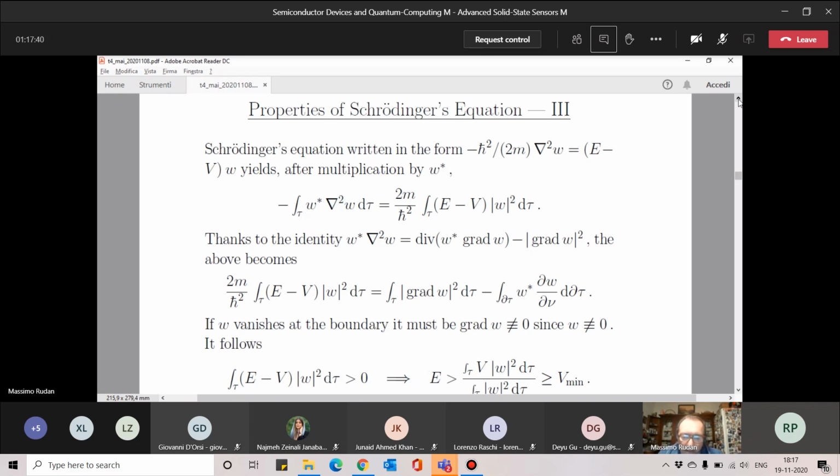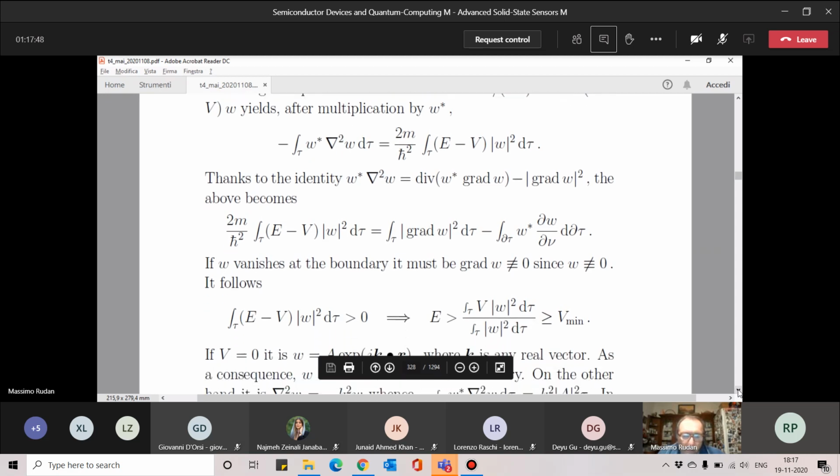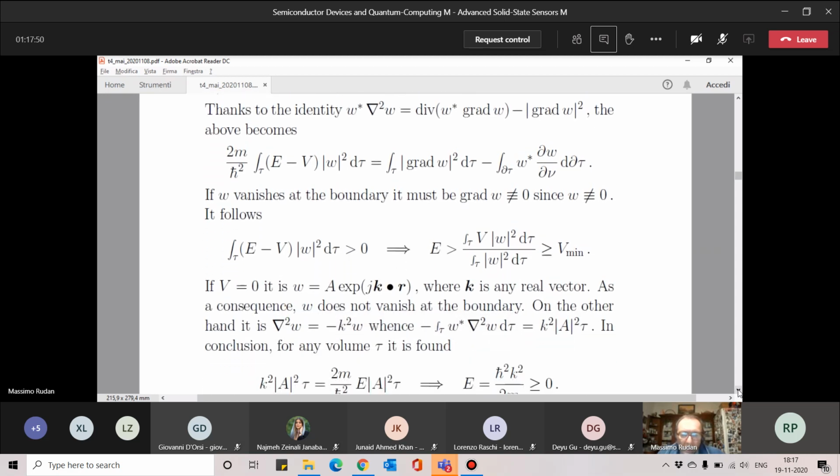Now you let tau go to infinity, okay? And you assume that this function W is normalizable, okay? So in this case, if the function is normalizable, necessarily it goes to zero when you extend the boundary to infinity.